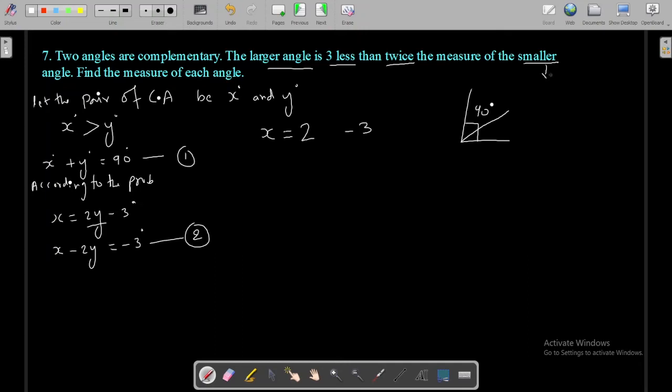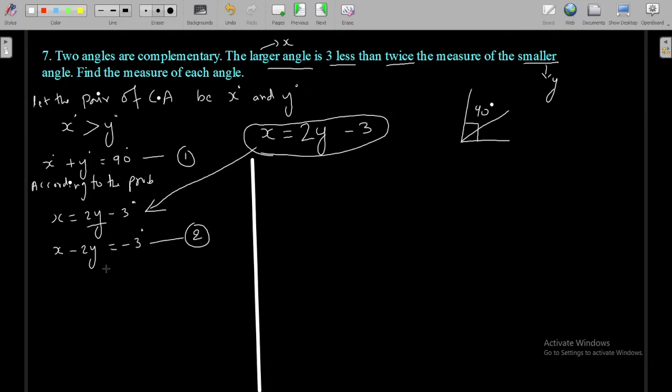So the smaller angle is y and the larger angle is x. So my larger angle will be twice the measure of the smaller angle. So y is our smaller angle. So I am getting x is equal to 2y minus 3. So like this I got this equation.